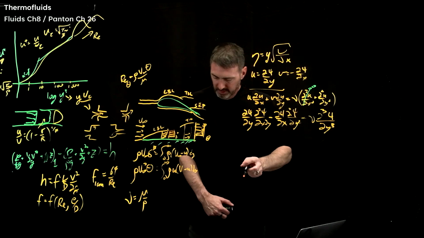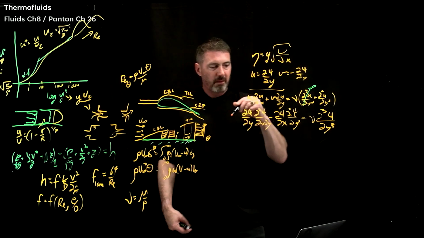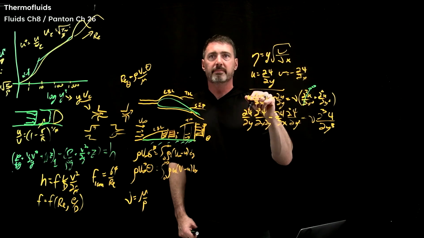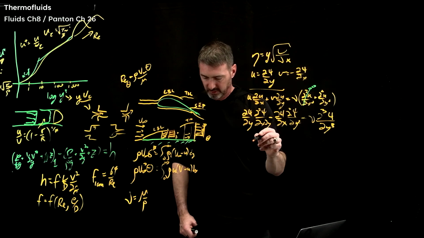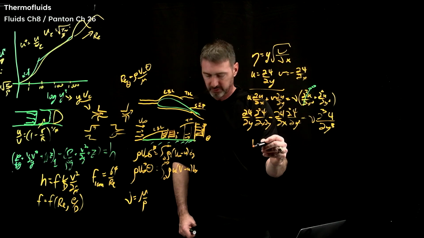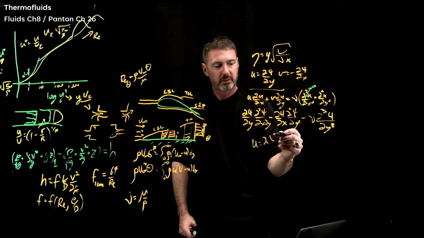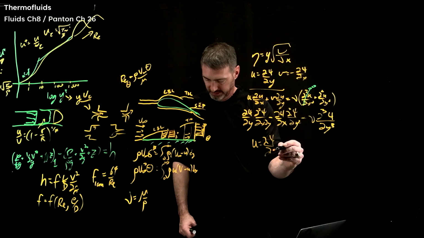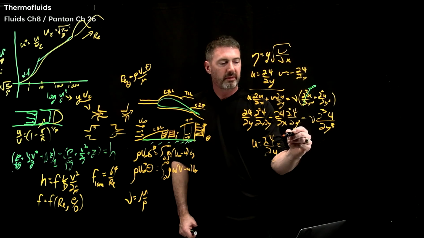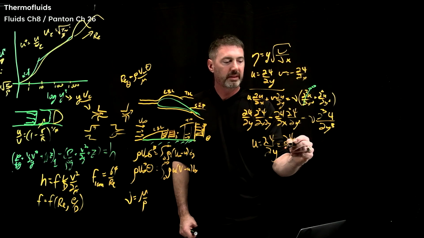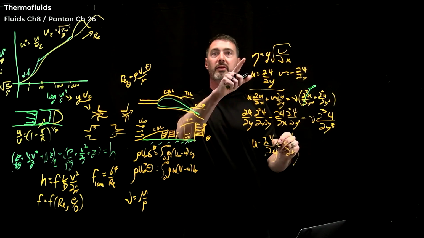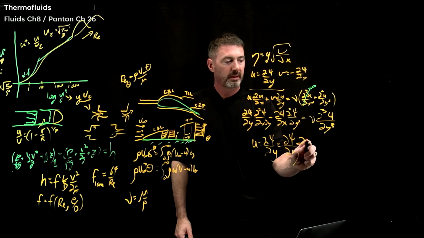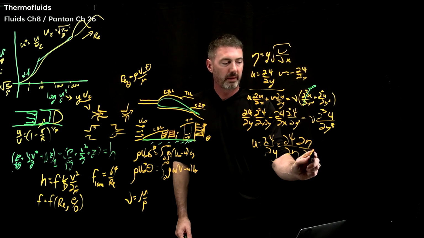Okay, and so to follow along with the book, the last step I'm going to say here is just to recognize that u, which is d psi dy, is actually, we'll chain rule it, so it's d psi d eta, this new variable I've defined, d eta dy.